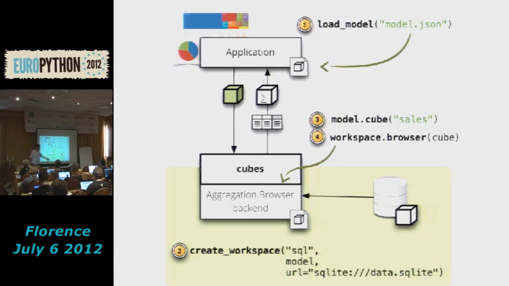Then you create a workspace. It's a place where everything is going to happen, which connects the model, chooses the appropriate browser, and connects to database, maintains the connection, and does everything around database. Then you get the cube you are interested in, and get the browser, and you are ready to go.